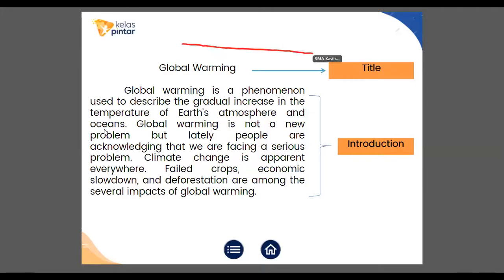This is the main topic, global warming. And in this part, the introduction, we can also state that as the thesis part.